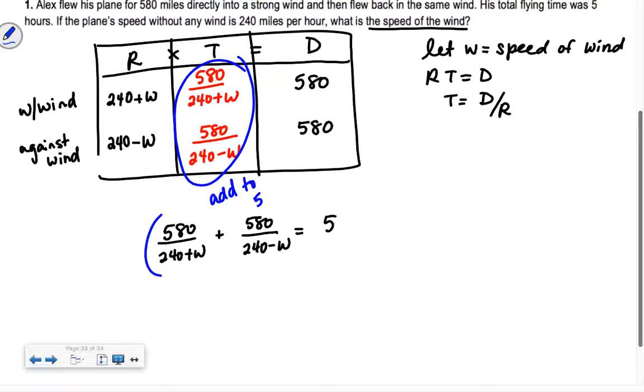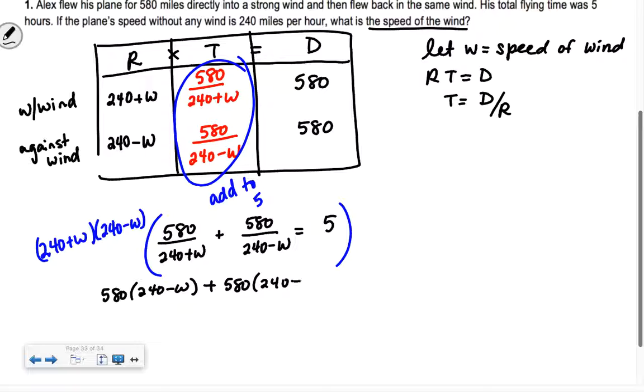So we're going to multiply everything through by the denominators, 240 plus W, 240 minus W. So on the first one, the 240 plus W's cancel, so I have 580 times 240 minus W. And on the second one, the 240 minus W's cancel, so I get 580 times 240 plus W, and equals 5, and then here's the lovely 240 plus W times 240 minus W, like that.